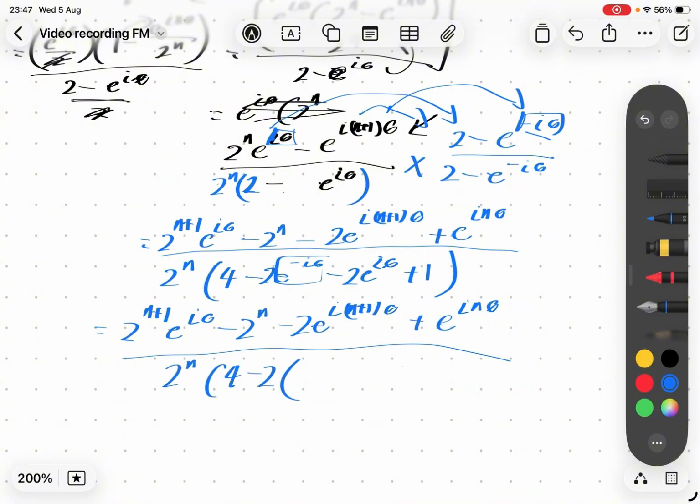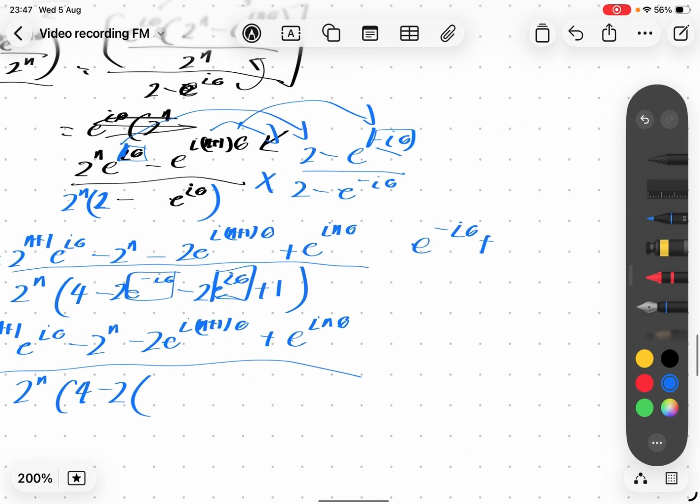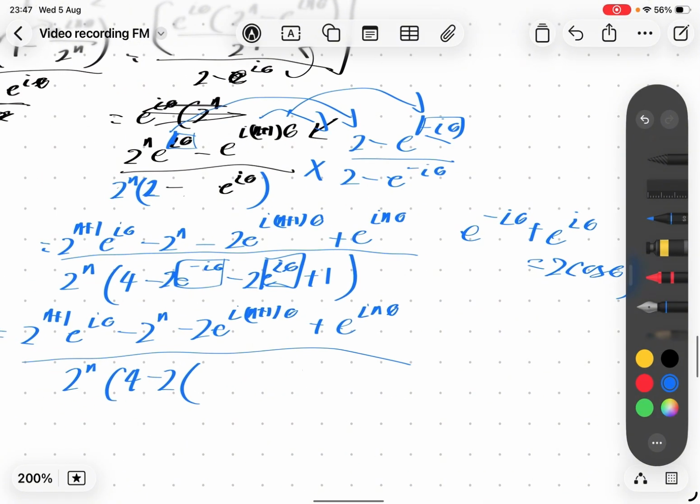You can see this. If I take out the negative 2 out, it's e^(-iθ) plus e^(iθ), which is 2 cos θ. Okay, so 2 cos θ plus 1.